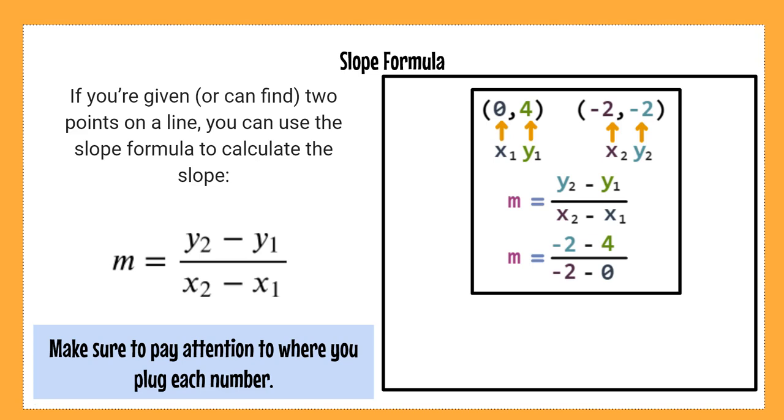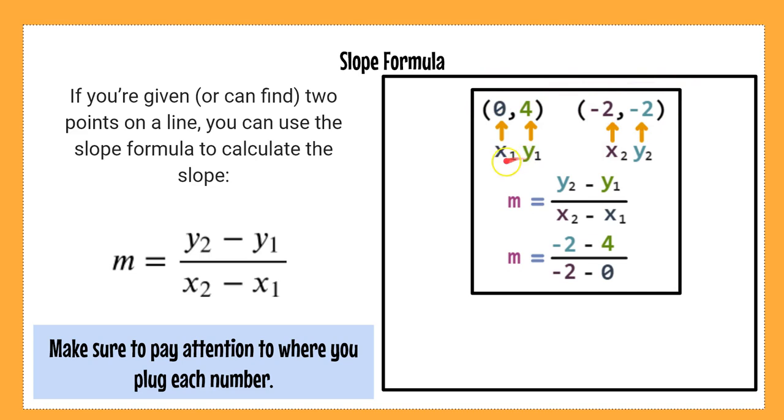For example, if I'm given the points (0, 4) and (-2, -2), it might ask me to find the slope between the 2 points. It's important to realize that this is the first point it gave me, although it doesn't matter. We have to keep things in the right order. So this is point 1 and this is point 2.